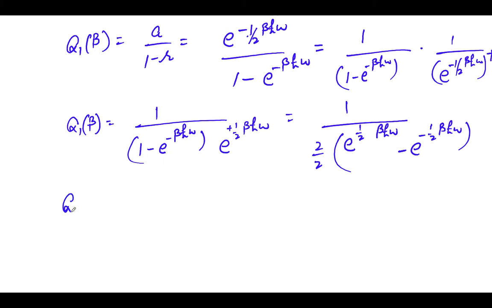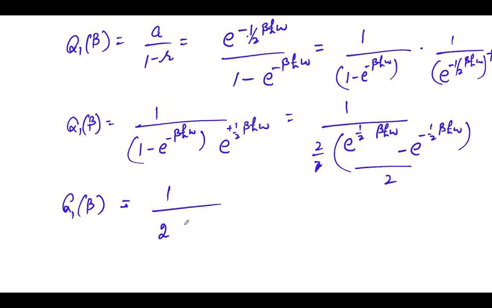So this partition function I can write as, the 2 I write on this side, so this becomes a sine hyperbolic function of beta h bar omega over 2.